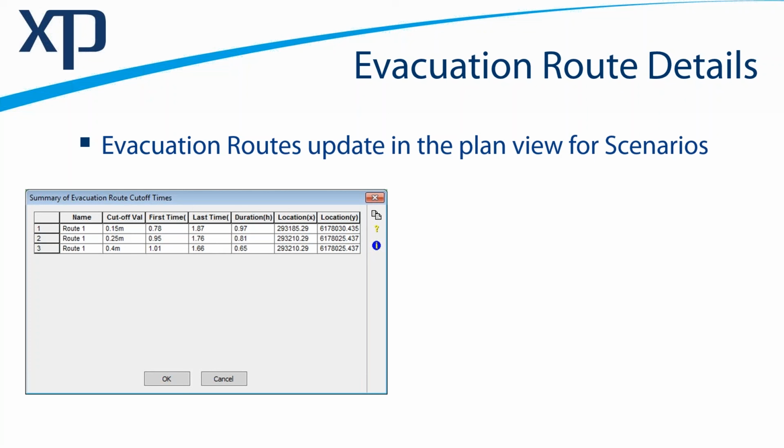What we've done is allow these evacuation routes to be supported by global storms and scenarios. So there's a different summary for each one that can be brought up in the interface, and we are also specifically saying in the report what the X and Y location is, the easting and northing of where this issue occurred.